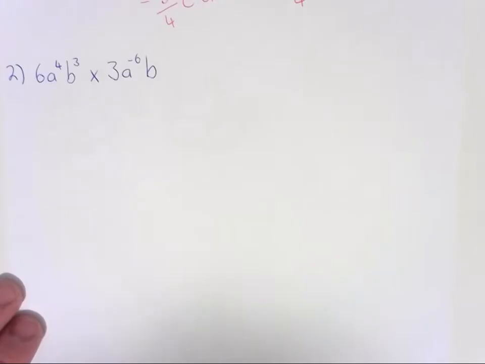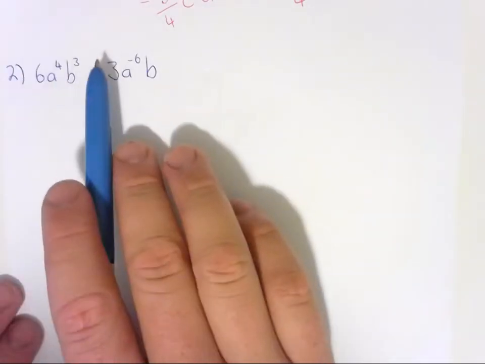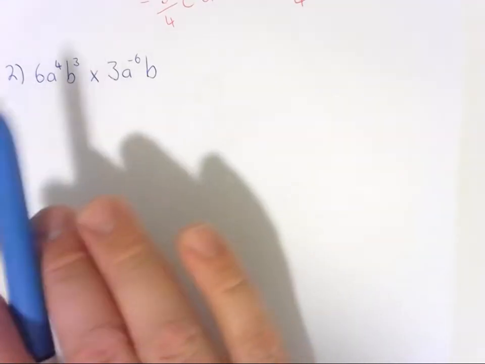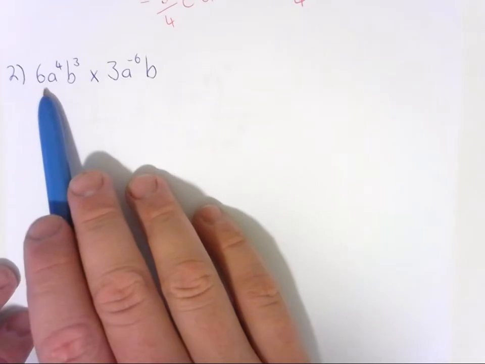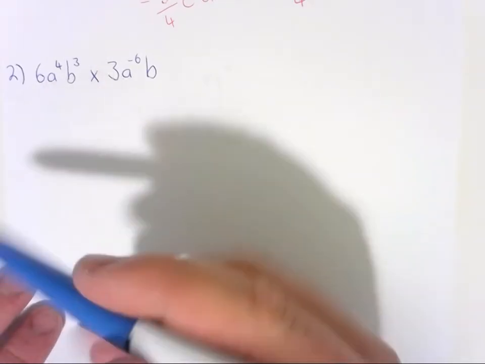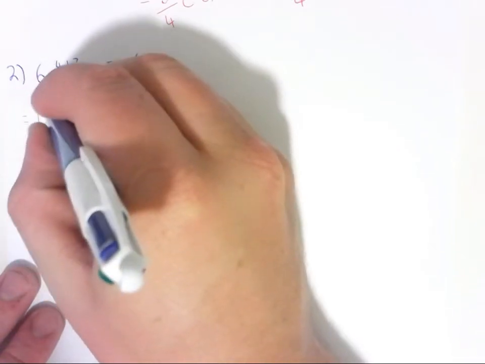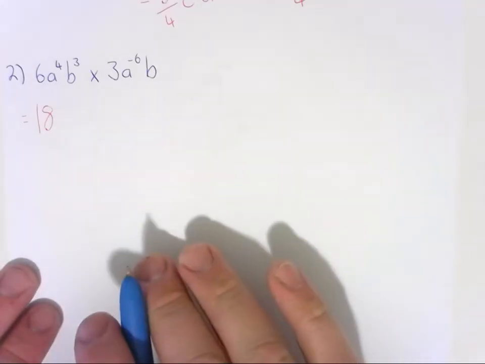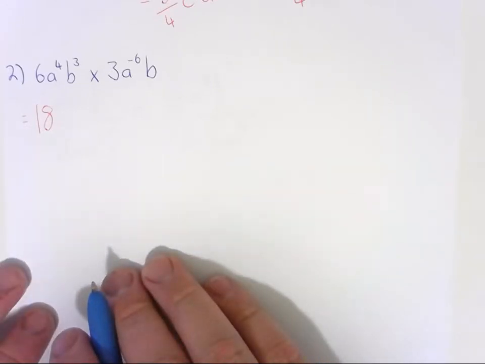With this question, the way that I like to do it is I look at each bit individually. Again, like we did with our previous question, we split it up into our letters and numbers. Looking at just our numbers, 6 times 3 is 18. Remember, if you're not too great at your times tables, grab a calculator.